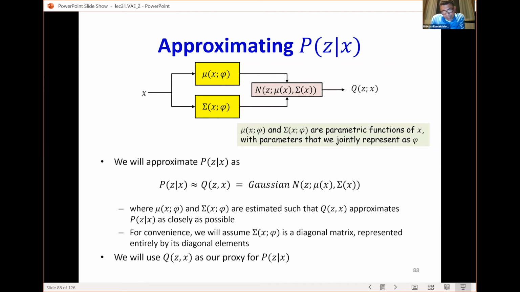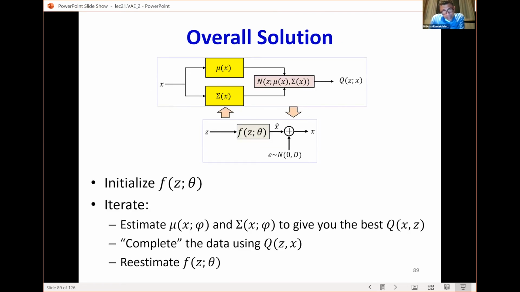Right? And now we are going to use this approximation as our proxy for P of Z given X. So here is the overall solution. I'm going to initialize f of z theta, right? I'm also going to initialize the phi's, which compute the mean and the variance for this Q. Actually, I don't know the phi's, but let's say I'm going to initialize theta.